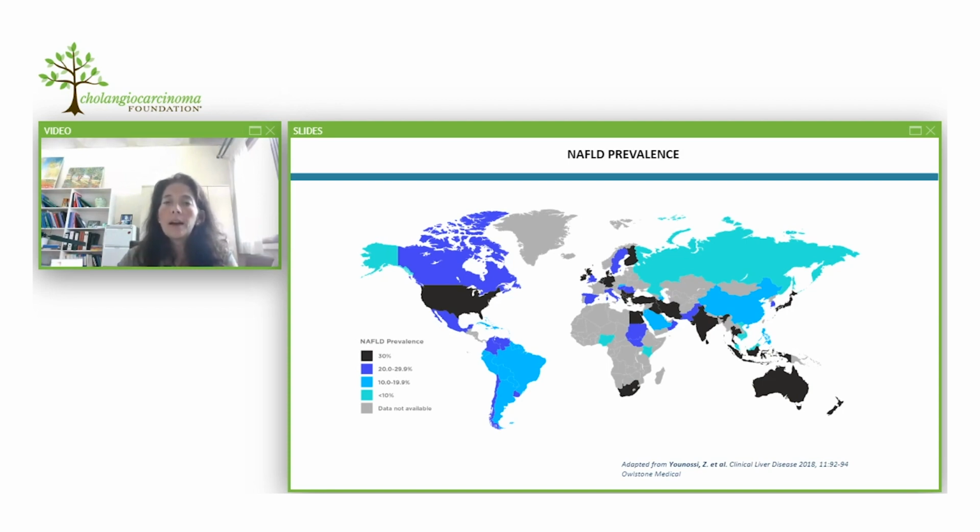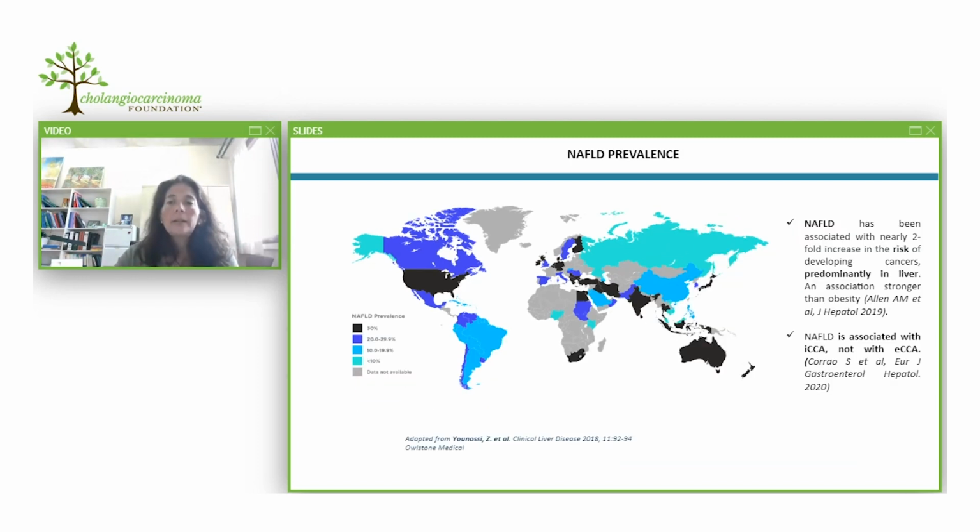NAFLD is increasing with a high rate of increase in obesity and diabetes. NAFLD has been associated with a nearly twofold increase in the risk of developing cancers, predominantly in the liver, and is associated with intrahepatic cholangiocarcinoma more than with extrahepatic cholangiocarcinoma.